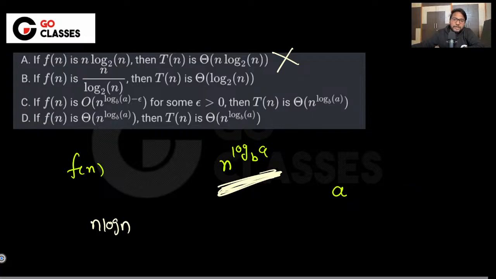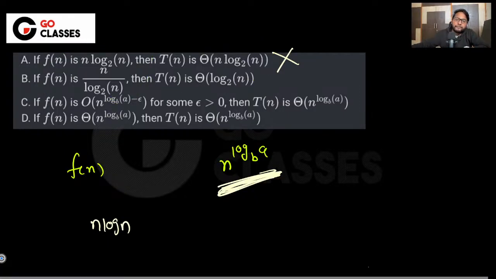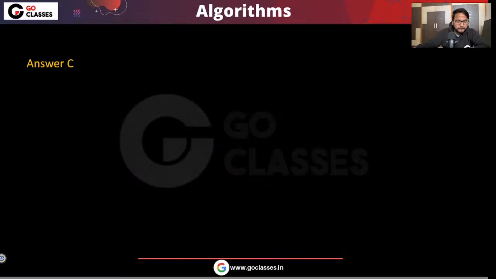So it will depend on the relation between a and b. That is why given just f(n), we can't tell unless and until you tell the relation between a and b. Okay. Cool. So answer is C.